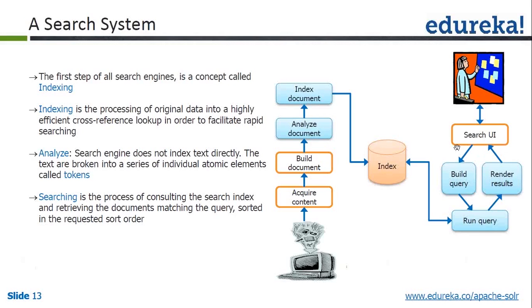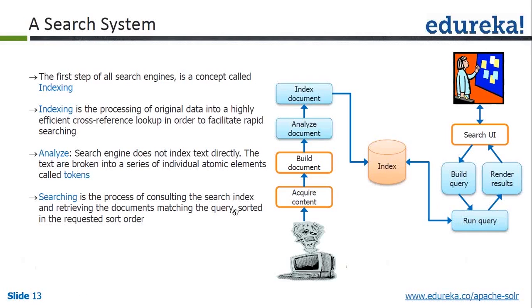So it is going to analyze this query, and build a query out of this. Then it is going to run this query on the indexes, this red part. And then these indexes are going to return the results as per the query which you have provided.